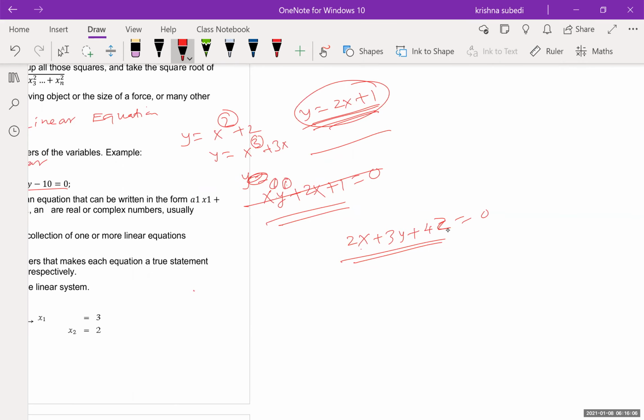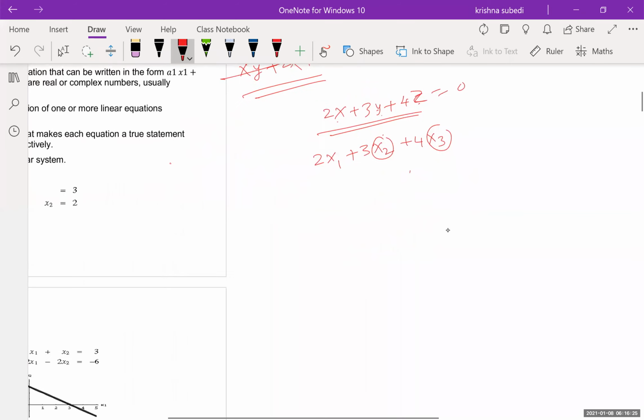So I'll write it this way: x1, x2, x3. It means your x is x1, y I replace by x2, z by x3.